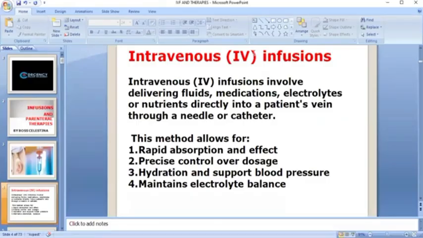There's also precise control over dosage. Because you give it via what? An electronic infusion pump, you are able to give the accurate dosage. You can also control the flow. Intravenous infusions help us to hydrate the client. We use it for hydration, to support blood pressure, and also to maintain electrolyte balance.